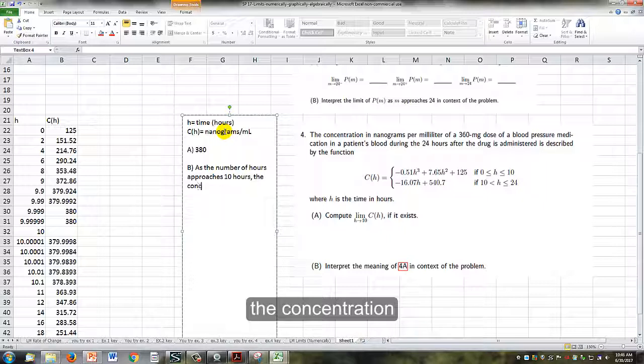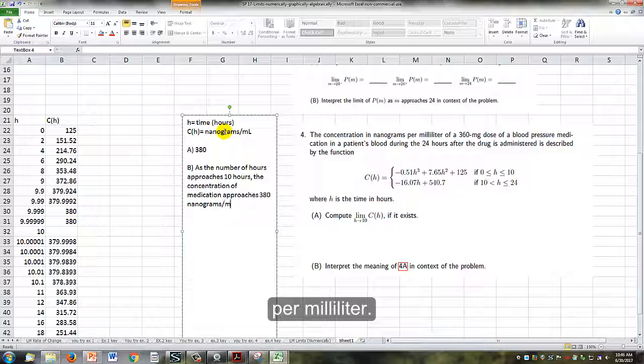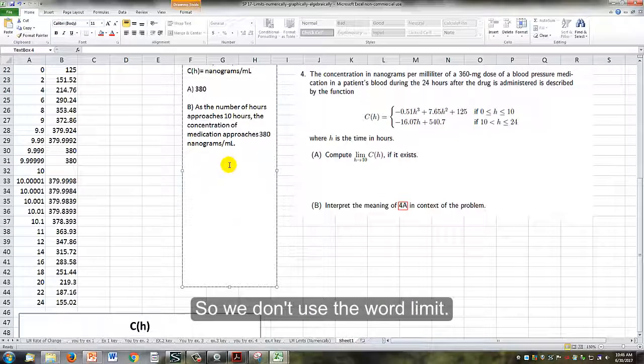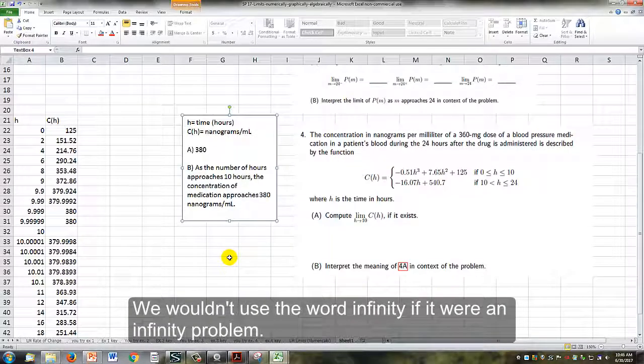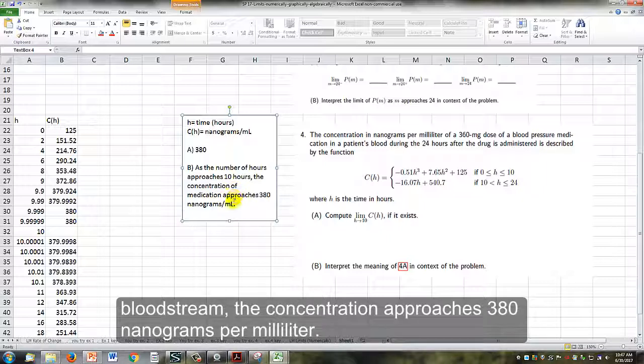The concentration of medication approaches 380, and then your units, nanograms per milliliter. So we don't use the word limit. We wouldn't use the word infinity if it were an infinity problem. I like to use the word approach though. And so you can see as we get close to 10 hours in the bloodstream, the concentration approaches 380 nanograms per milliliter.